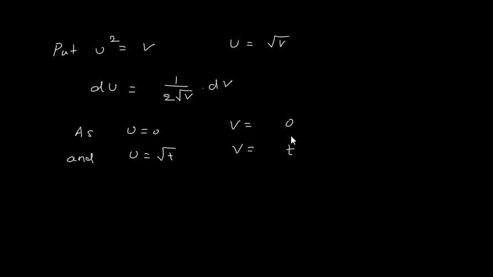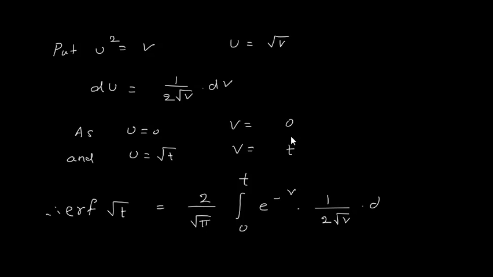Therefore, the error function of root t will become 2 upon root pi, with limits 0 to t, e power minus v into 1 upon 2 root v into dv.